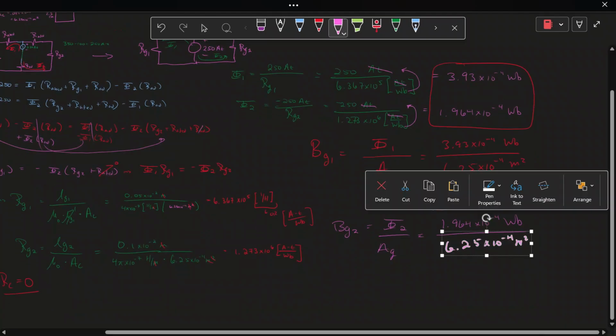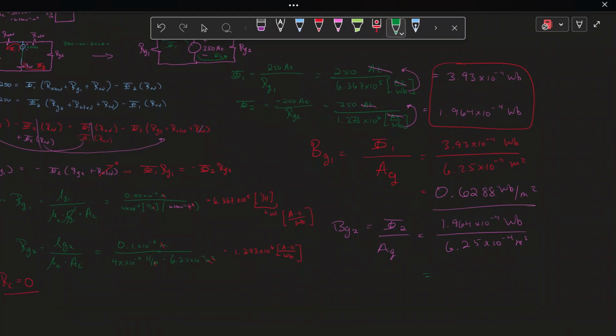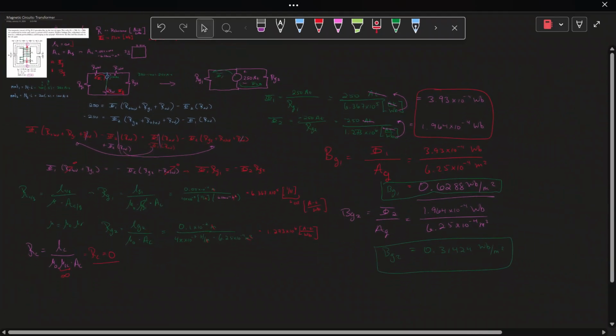For the second one, I get 0.31424 Webers per meter squared. Okay, so this is that, and this is this. All right, so that concludes this problem.